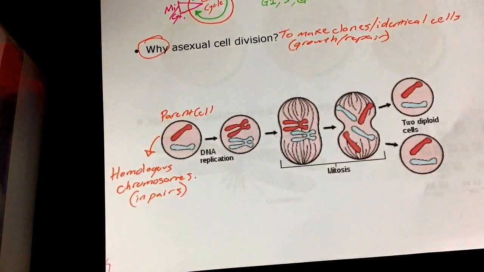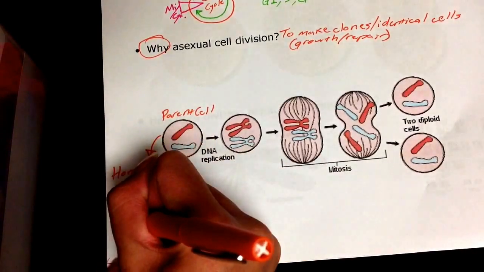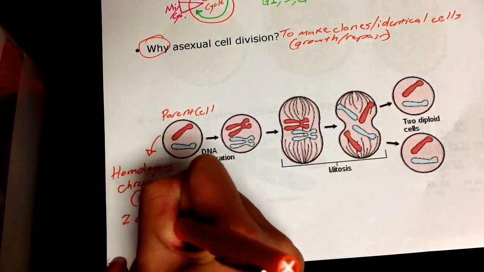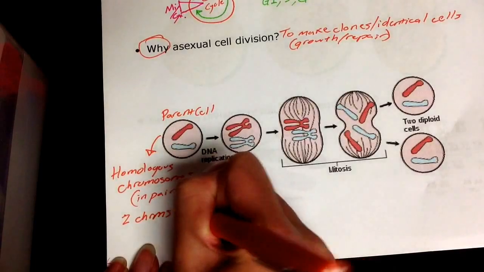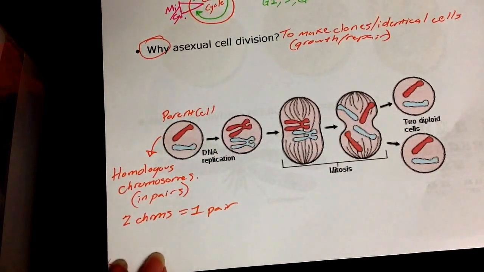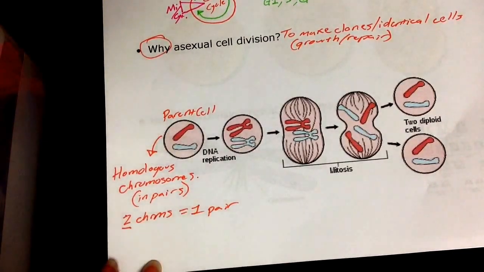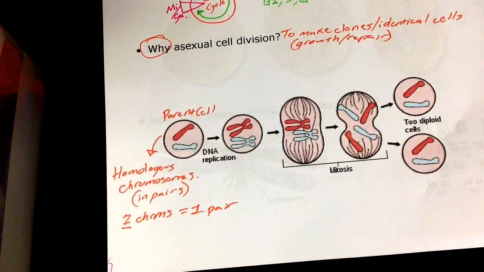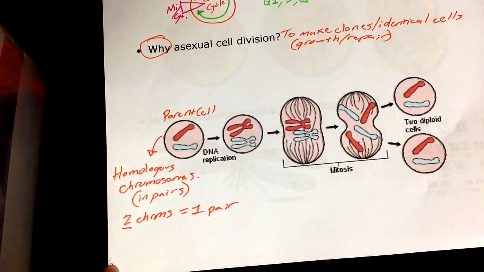So in this particular cell, we have 2 chromosomes, and that only gives us 1 homologous pair. When we talk about this number 2, and we did review this a little earlier, this is going to be our total chromosome number.